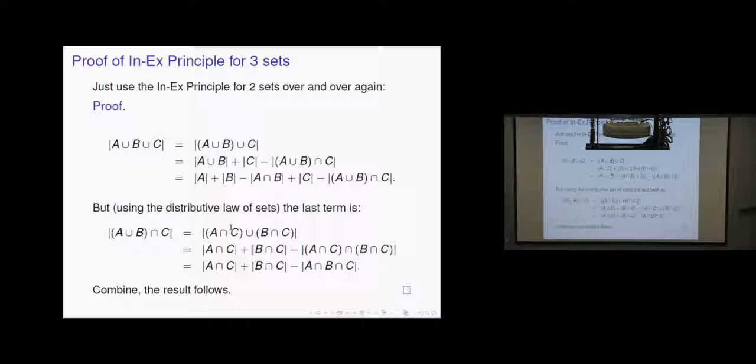So you get minus A intersect B intersect C. So if you replace the last term with the 3 terms here, because there's a minus sign, the sizes of the 2-set intersections become negative, and the negative of the negative becomes positive, right? So we get the formula. Again, it's quite easy to see.